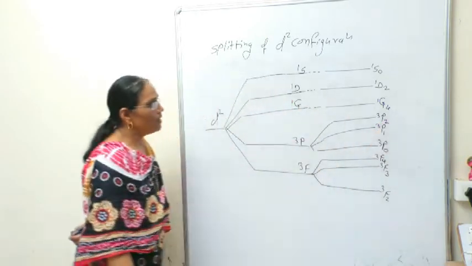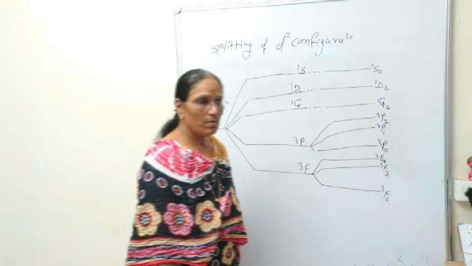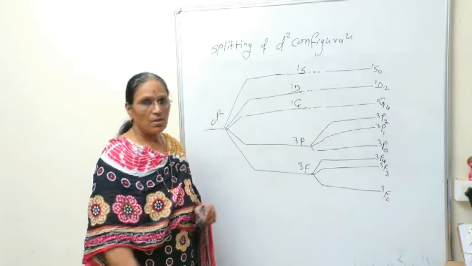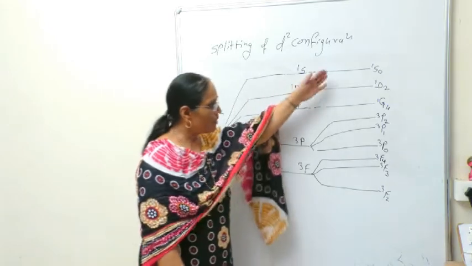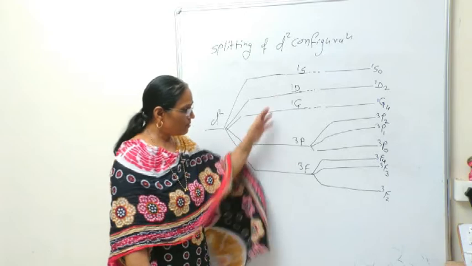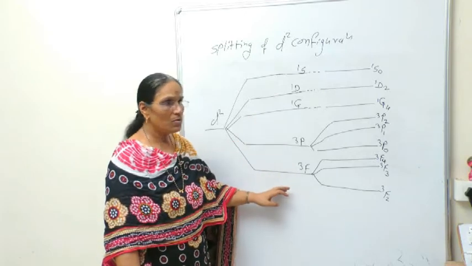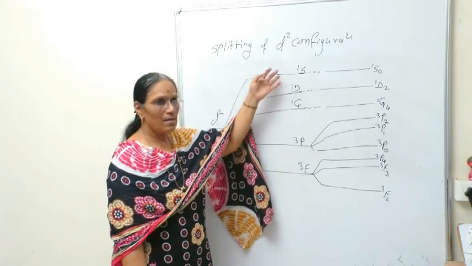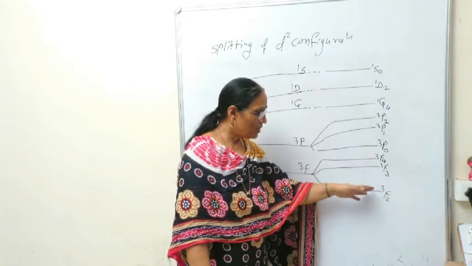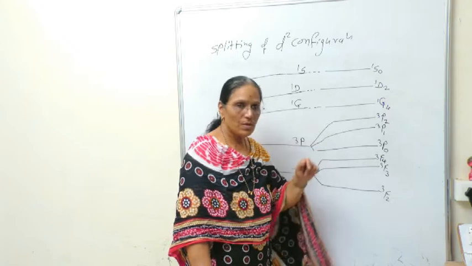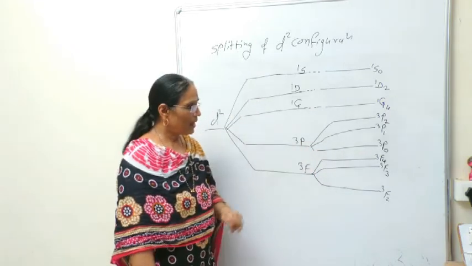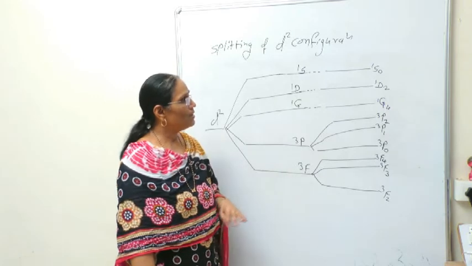So in this way, for the transition metal ion having d2 configuration, the energy level sequence is like this. Triplet F is at ground state within terms, singlet S is the highest term, whereas in terms of J values, triplet F2 is at ground state and triplet F4 is at the excited or higher energy state.